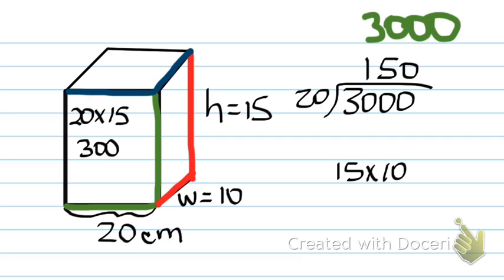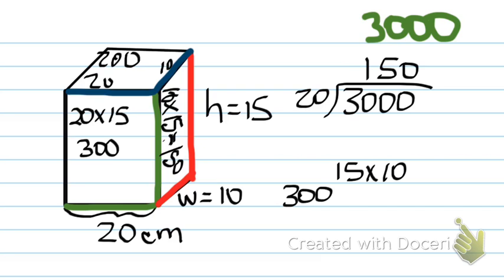On the side, it would be 10 times 15, which gives me 150. And on the top, it would be 20 times 10, which gives me 200. Now I can add my three areas together.